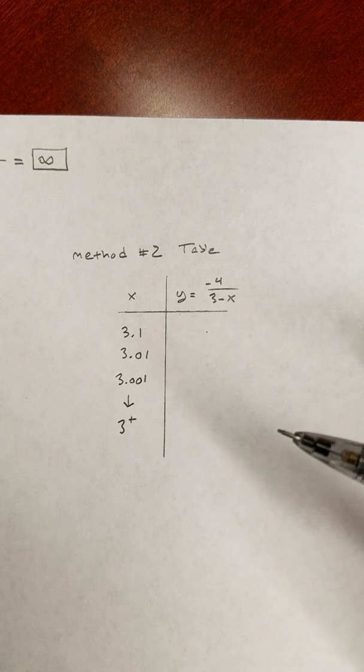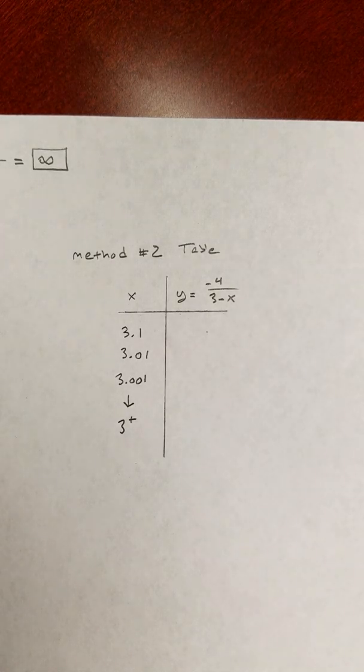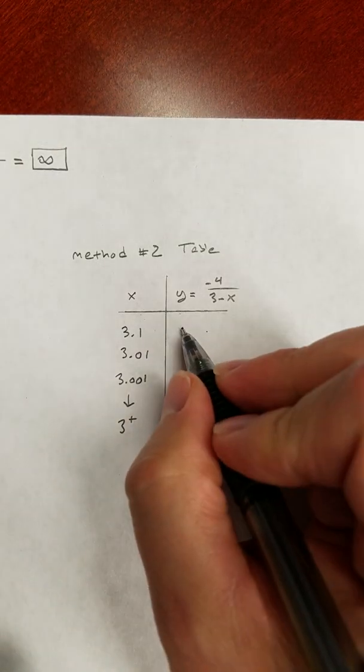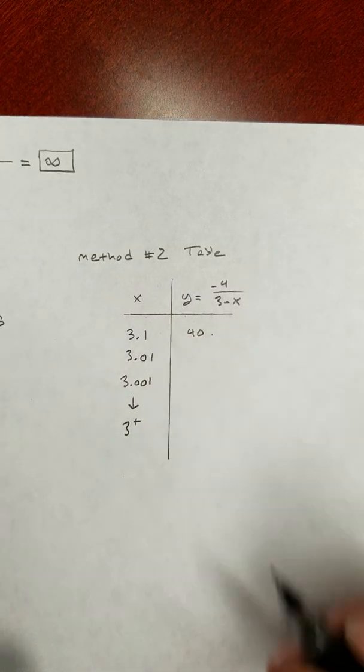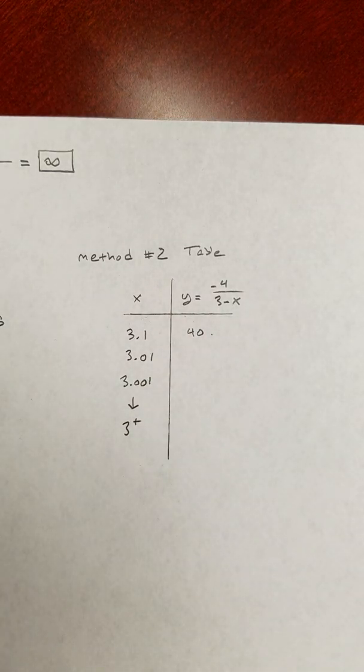Okay, so let's do the math here. I've got my calculator off screen. I'm going to do negative 4, and I'm going to divide by 3 minus 3.1. I know what that's going to be, but I'll do the calculations like you would, and I get 40.